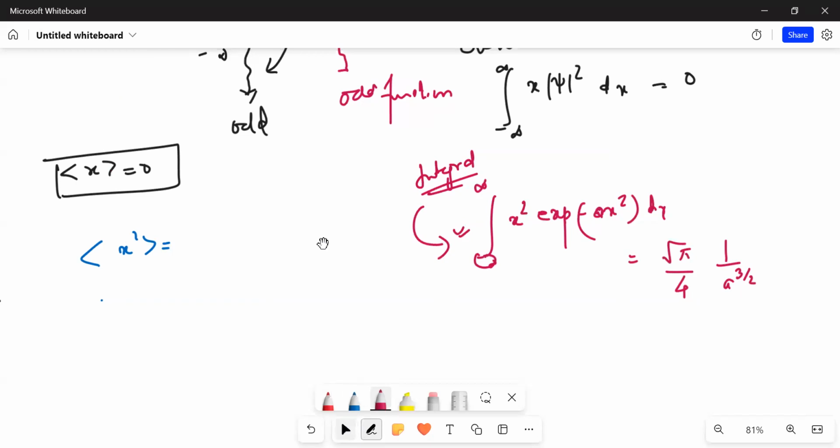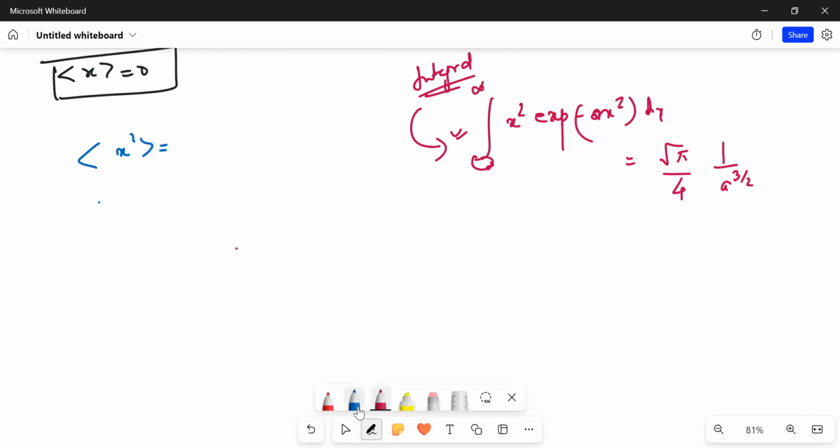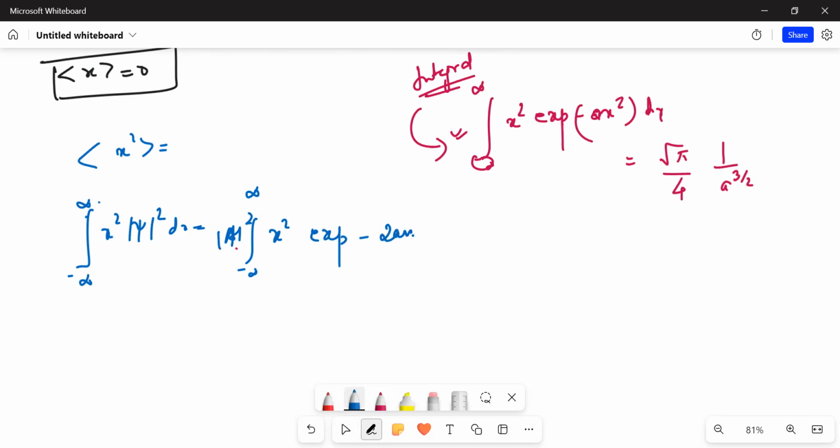So now if I want to find the expectation value of x squared, how will I do it? I will find this integration from minus infinity to plus infinity of x squared times psi mod whole squared dx, which is equivalent to writing the integral from minus infinity to plus infinity of x squared times mod A whole squared, and then you have this exponential of minus 2 a m x squared upon h cut, and then dx.